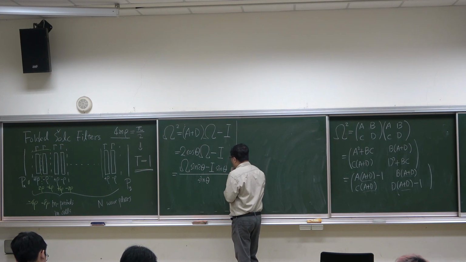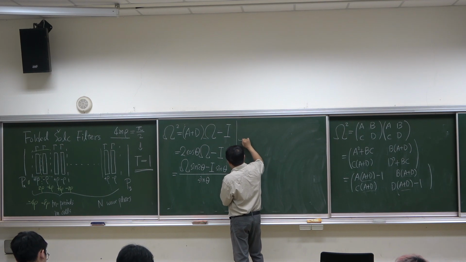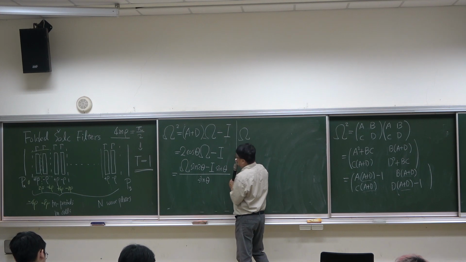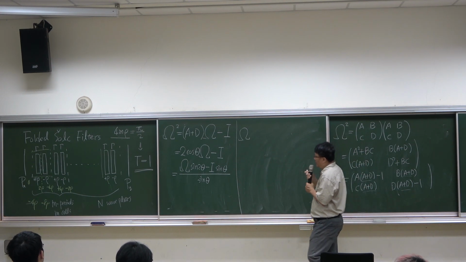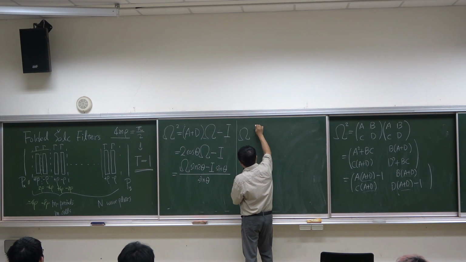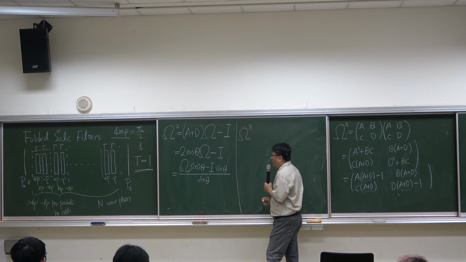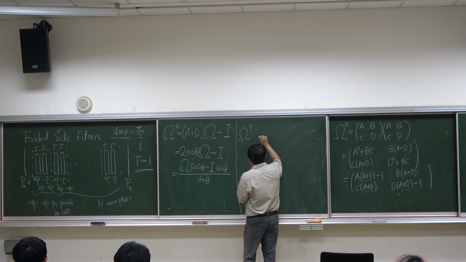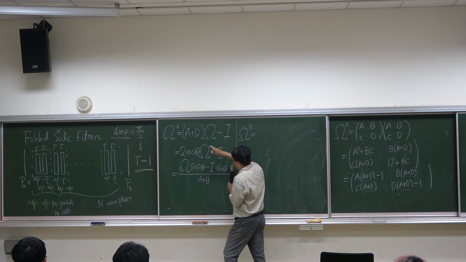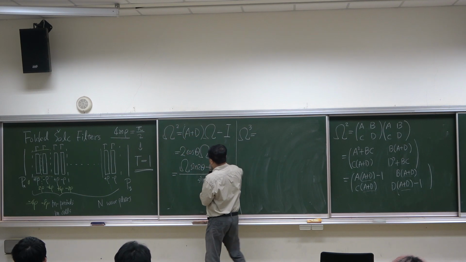So now I want to find the general rule for the high power of the omega matrix. Let me try omega cube. This is equal to omega squared times omega.